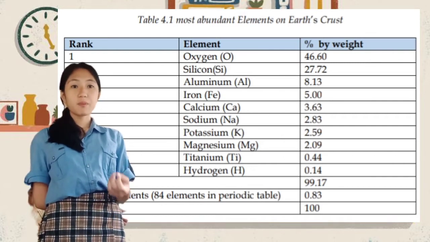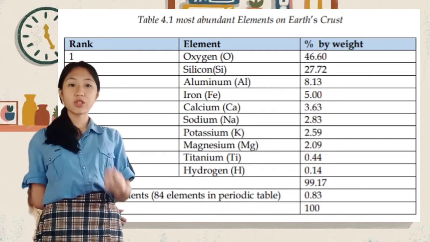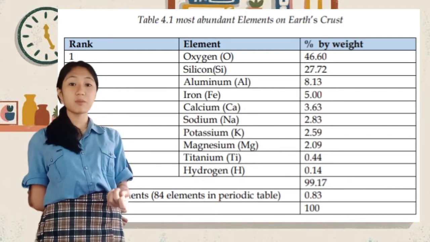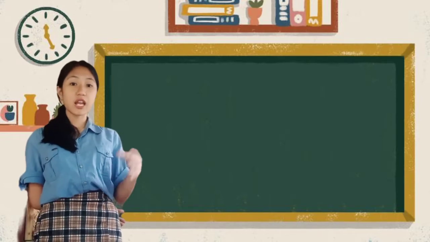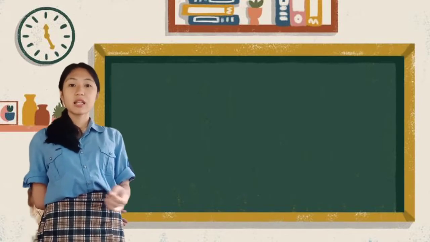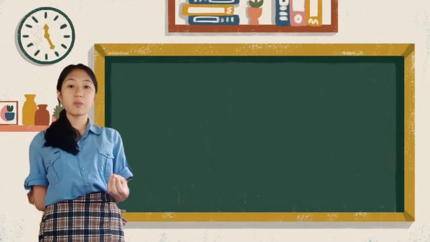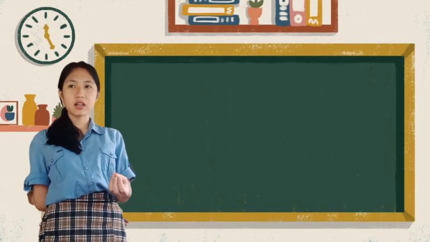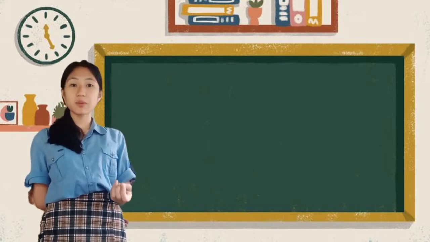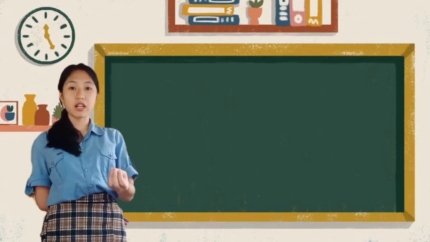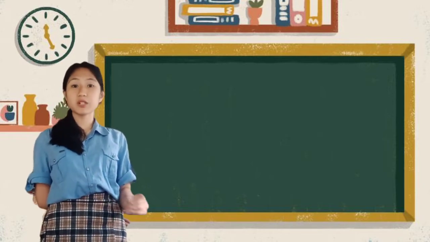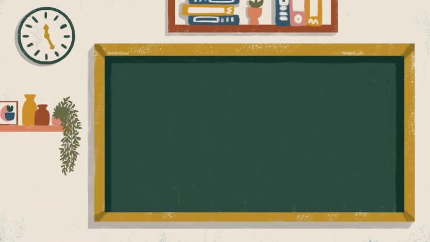Their percent by weight in total is 99.17%. The other elements in the periodic table have 0.83%, and with that total, we have the 100%.